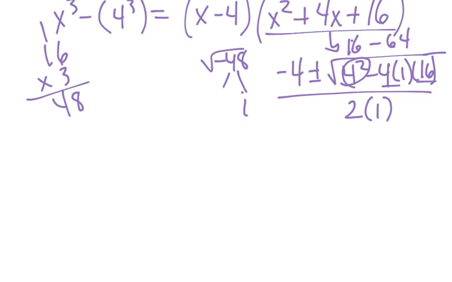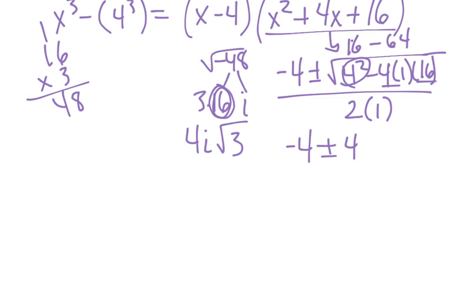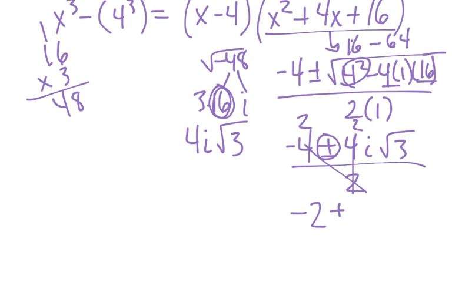So 3 times 16. Well, we know the square root of 16 is 4, so I'm going to have 4i square root of 3. Ugh, that's ugly. So negative 4 plus or minus 4i square root of 3 over 2. That cancels the 2, that cancels the 2. Remember, because of the plus or minus, I have to do it twice. So we really have negative 2 plus or minus 2i root 3.